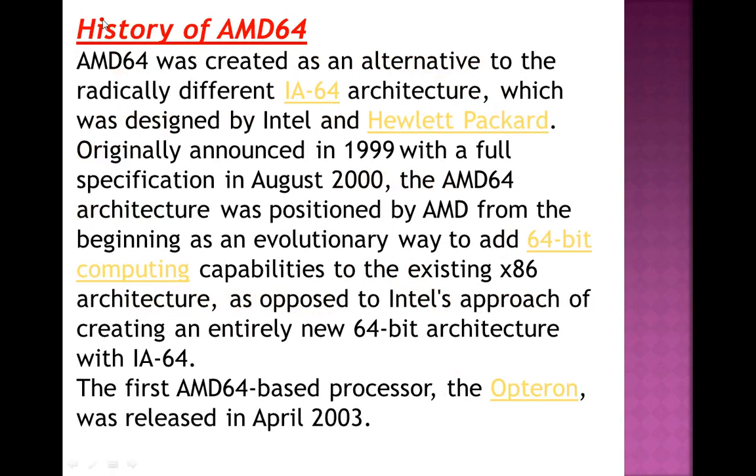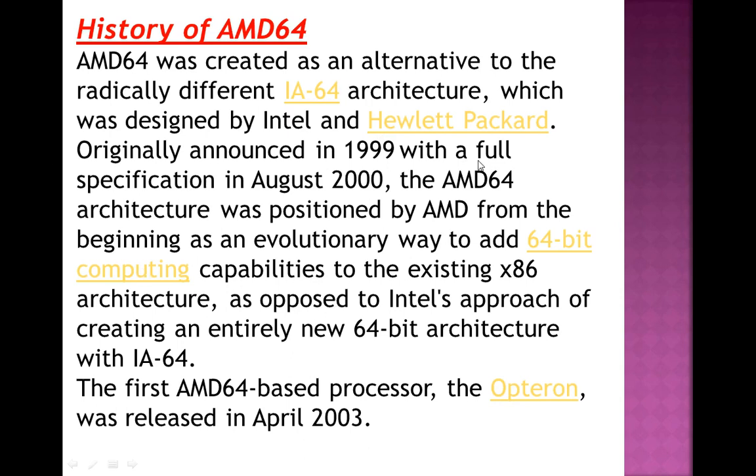AMD64 was created as an alternative to the radically different IA64 architecture. IA means Intel Architecture, which became obsolete and outdated, and the new version is AMD64. So AMD64 replaces the IA64 architecture.